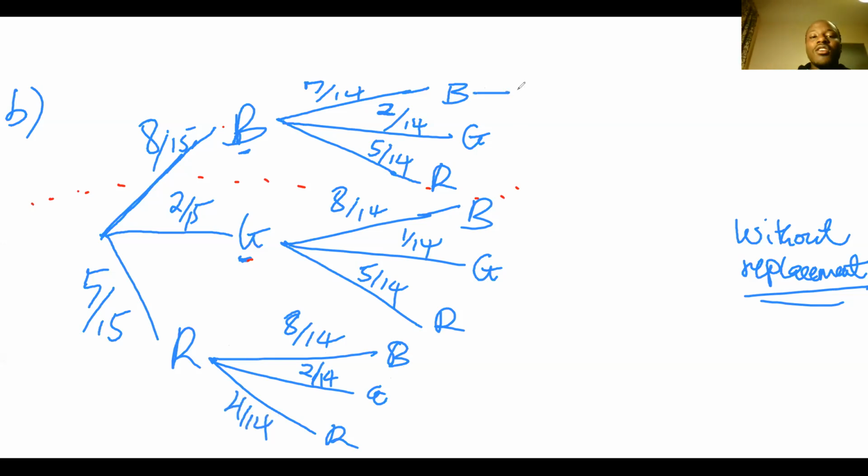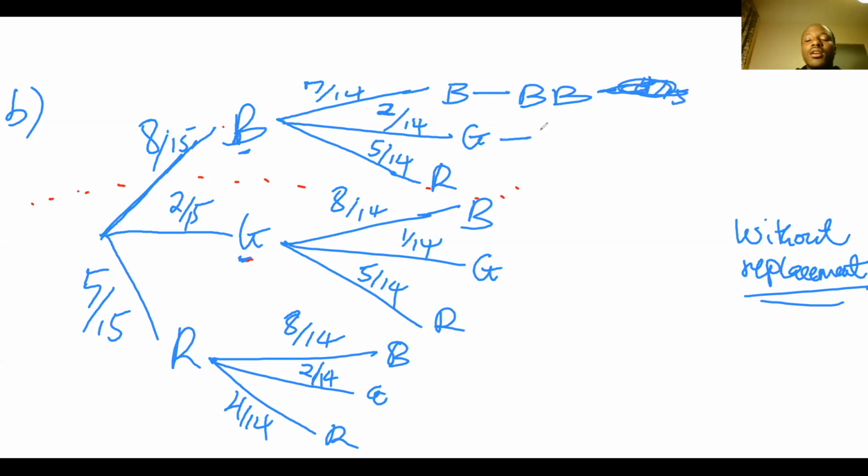So remember here you have picked blue and blue. Of course, if you like making your work easier, you can just simplify, this is a half times 8 over 15, that is 4 over... okay? But no need for doing that.